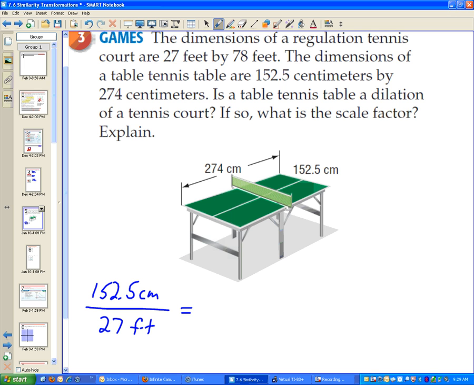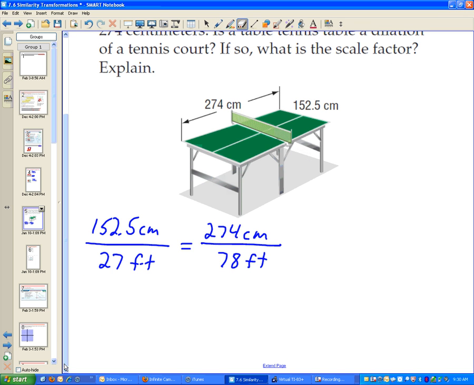The longest side of the table tennis table will correspond to the longest side of the tennis court. And I've already made a mistake. I shouldn't put equal there because I don't know if they're equal or not, do I? That's what I'm trying to find. Are they equal? All right, well, there's a couple different ways we can go about this.